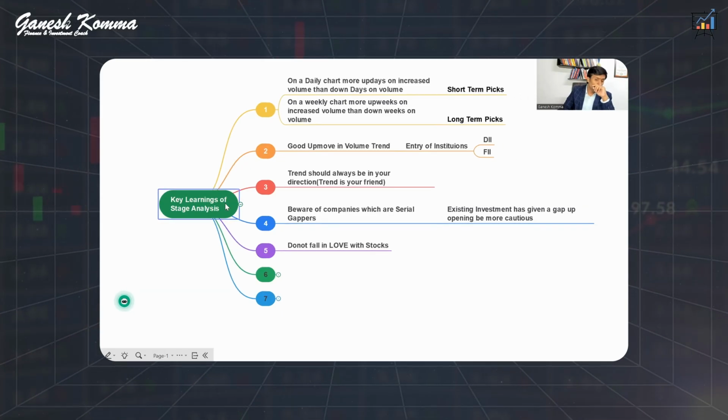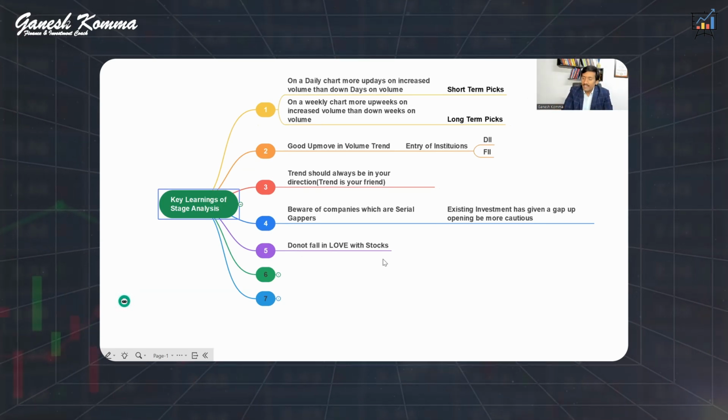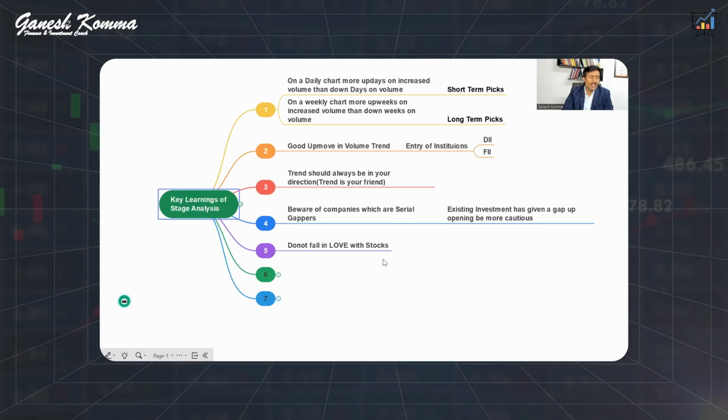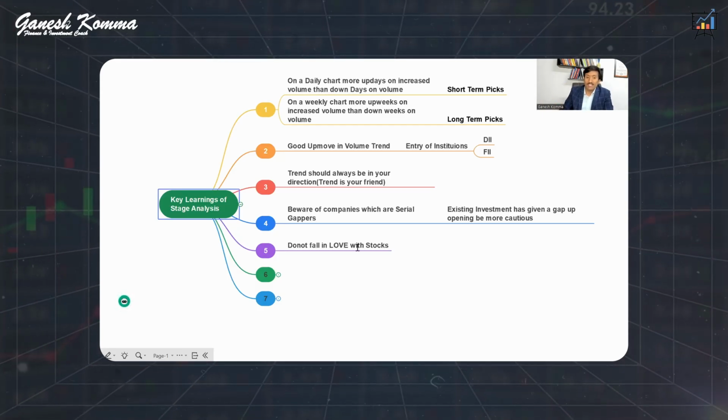And next, do not fall in love with the stocks, right? I would say date the stocks, which means, sir, a company has given me 50, 60% returns. It has started some reversal, or it has started to lose strength, or it is in a gap down.